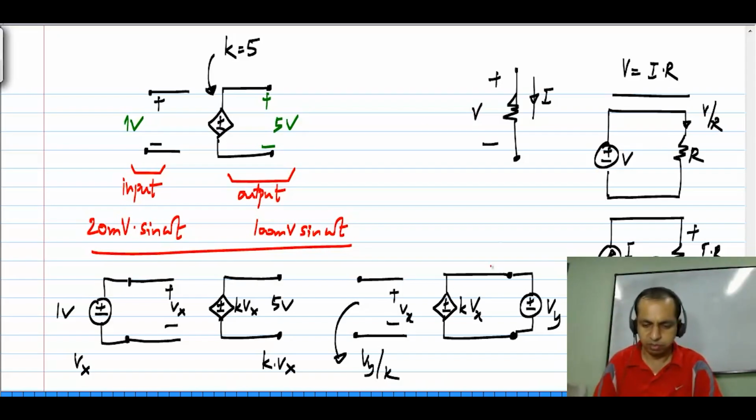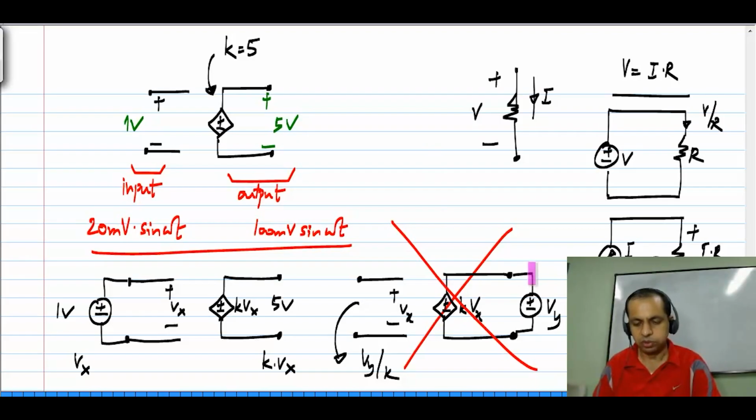This is simply meaningless. This is a voltage source, and you cannot apply another voltage source across it. We know that parallel connection of voltage sources is not valid. So in a control source, the control flows only in one direction, from the controlling side to the controlled side. It's called a unilateral element. You cannot apply an input to the controlled side and expect some corresponding output from the controlling side. So this kind of thing is just not possible.